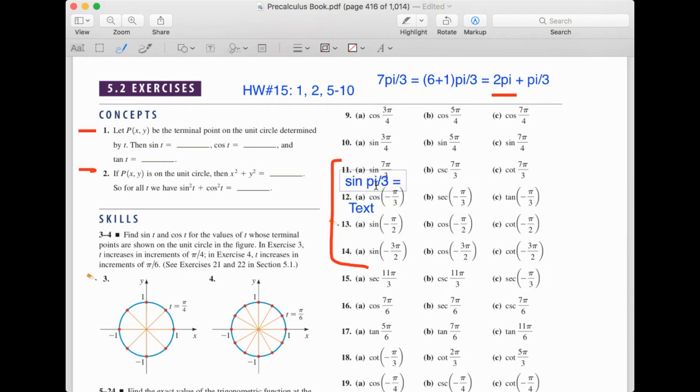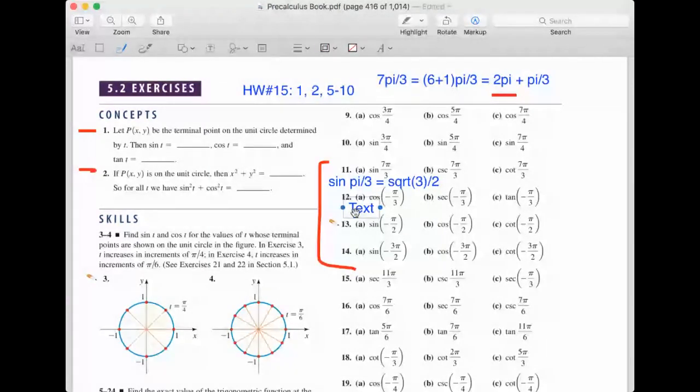If we have trouble remembering, sine pi over 3 is sine 60, which is the square root of 3 over 2. So gradually, we need to remember the values in the table for some special angles. So that's the first one.